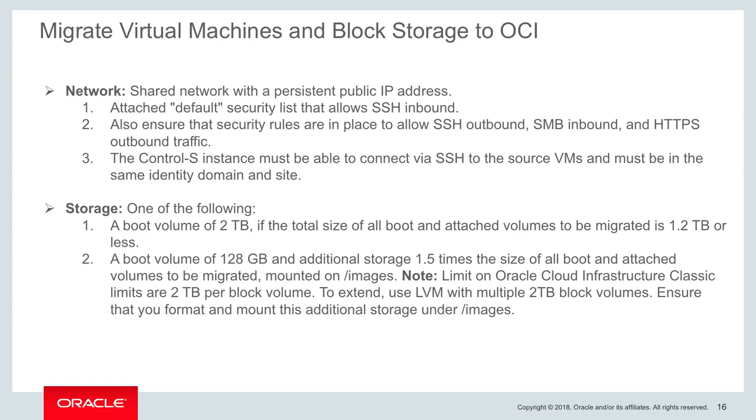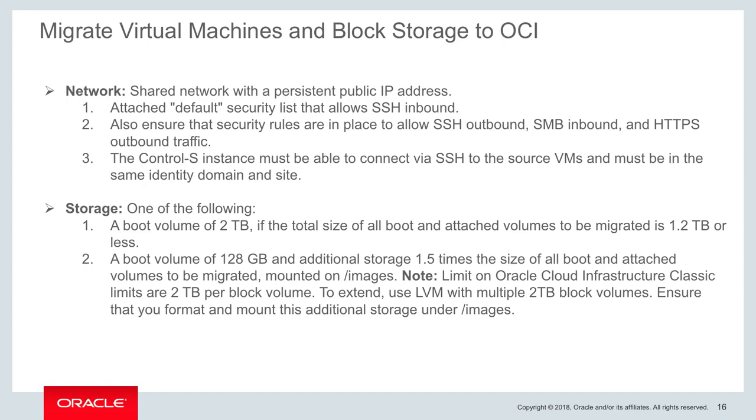In terms of storage requirements, use one of the following criteria. You can have a boot volume of 2 terabytes if the total size of all boot and attached volumes to be migrated is 1.2 terabytes or less. Or a boot volume of 128 gigabytes and additional storage 1.5 times the size of all boot and attached volumes to be migrated, mounted on /images.